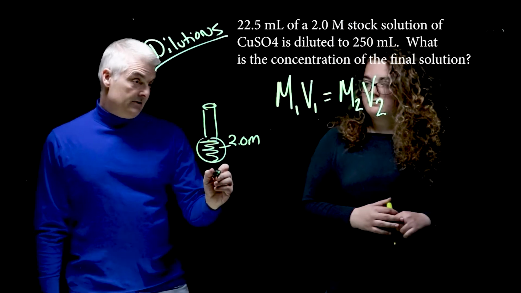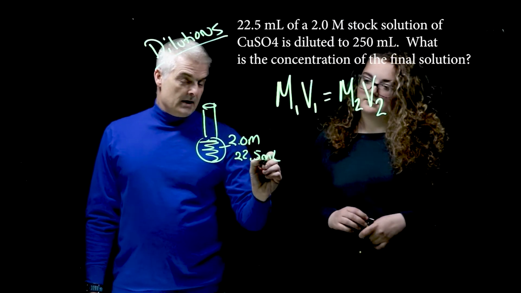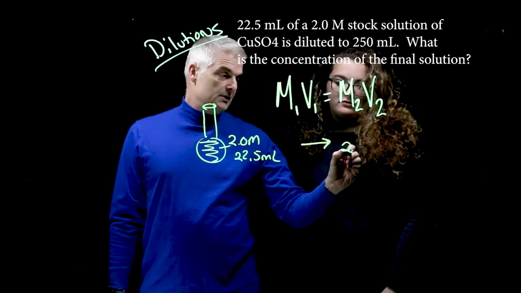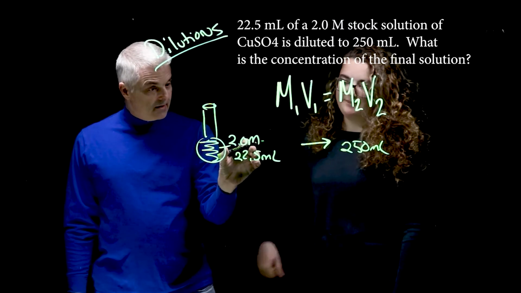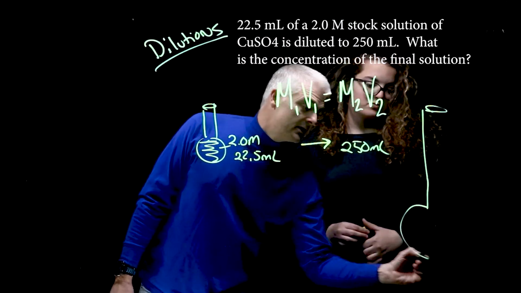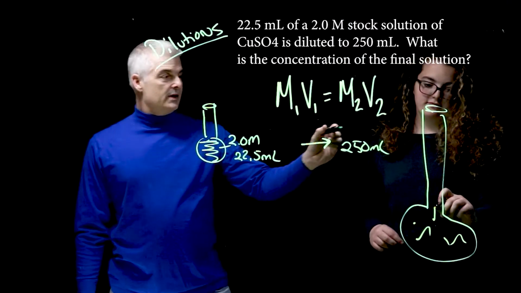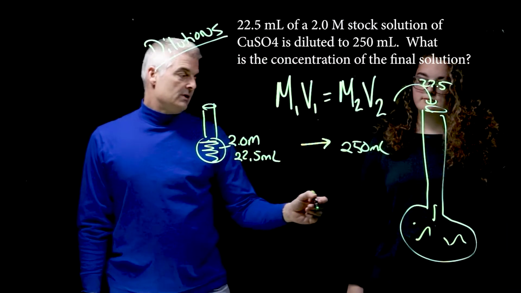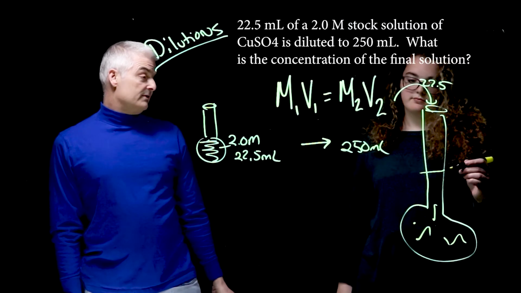And we have 22.5 milliliters, and we're going to dilute it to 250 milliliters. So we're going to take the 22.5 milliliters and put it in a much bigger flask, and then we're going to fill it to the 250 mL mark.